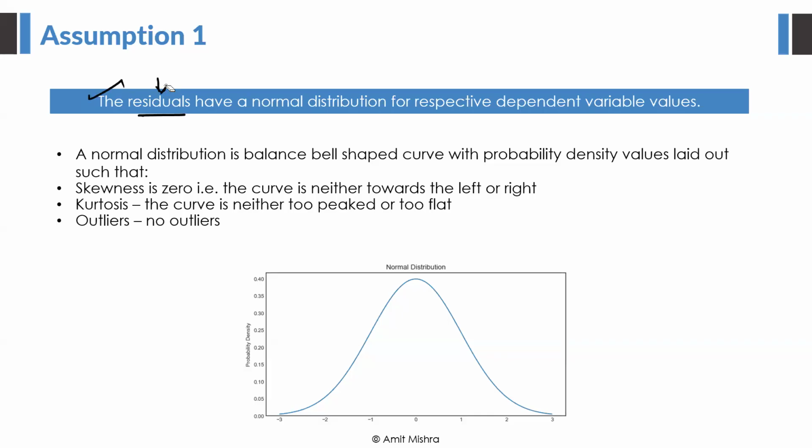Residual means the error part, which is y minus y hat, that is, the actual value minus the predicted value. When you compare both, it returns the residual, and when you plot the residuals, they will be represented as a normal distribution for the respective dependent variable value.